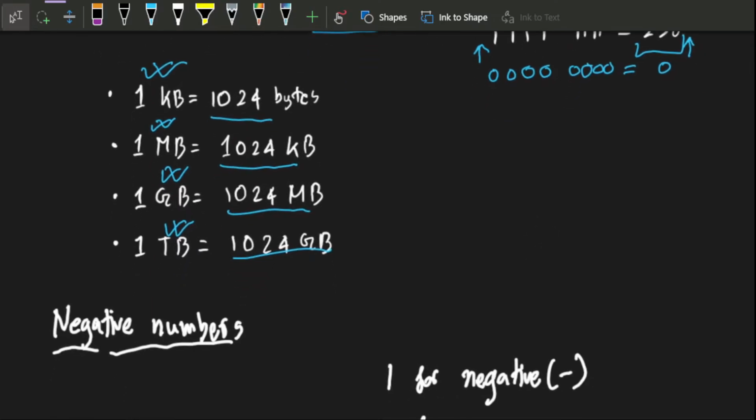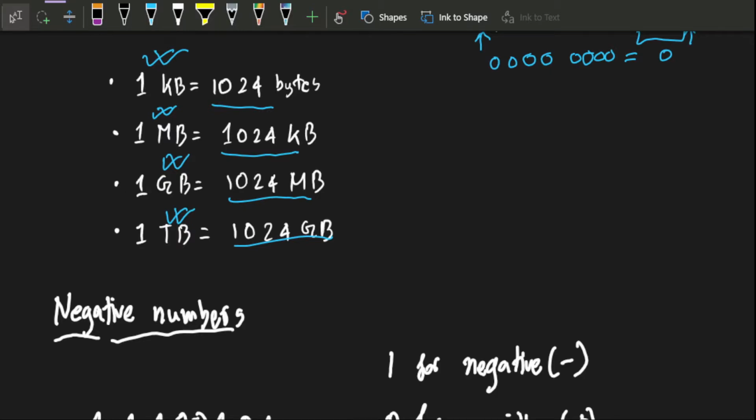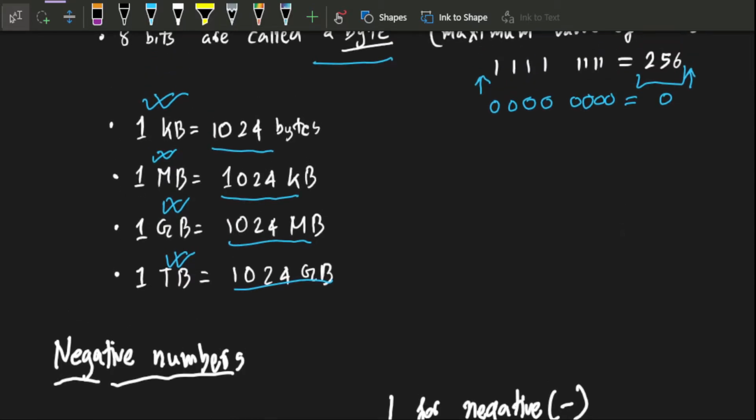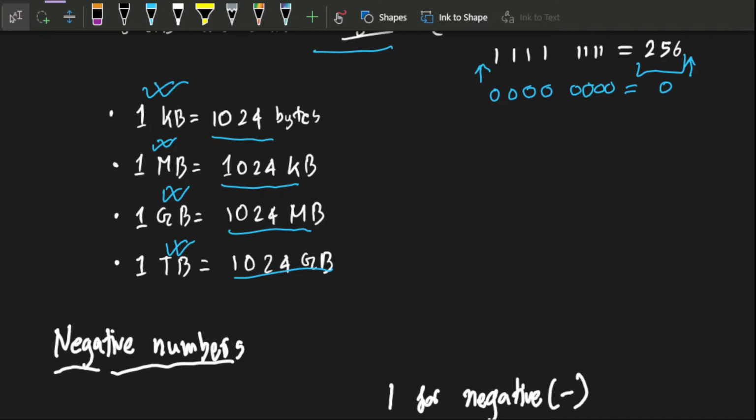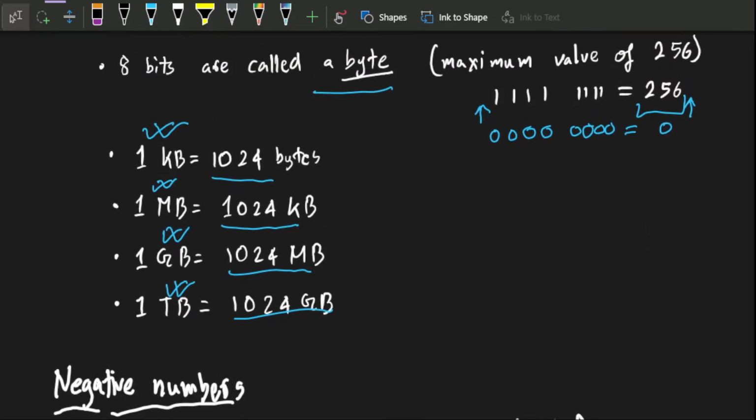Now, how are we supposed to convey negative numbers? But before that, I want to clarify one thing. If you want to represent numbers in 8 bits, we can hold a value of 256.